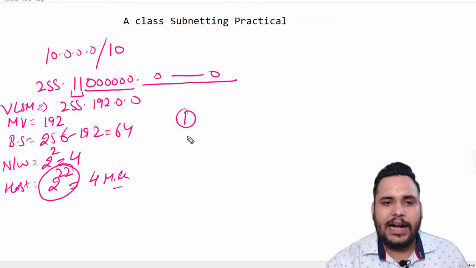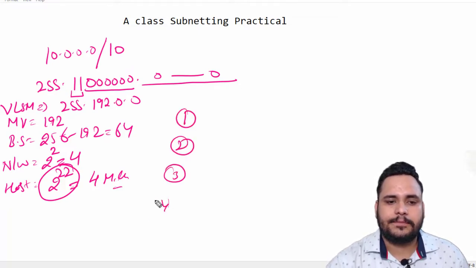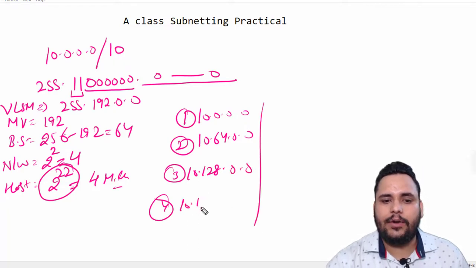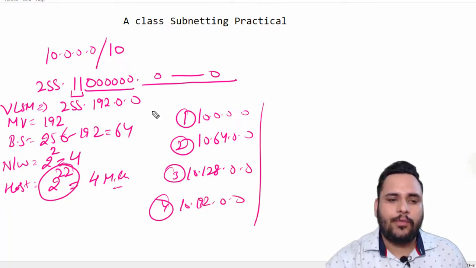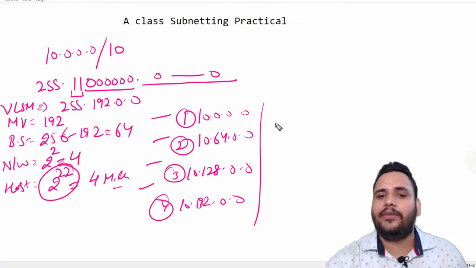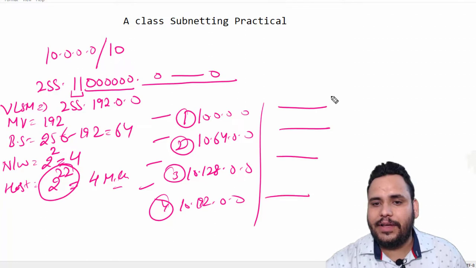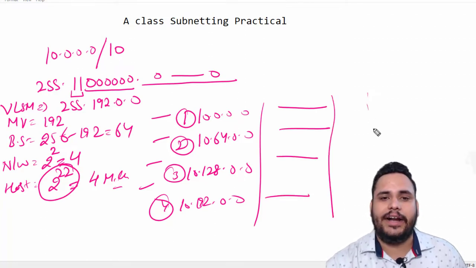So networks are divided into blocks 10.0.0.0, 10.64.0.0, 10.128.0.0 and 10.192.0.0. So 4 million IP addresses are in each of these, and we have to check valid IPs as well as broadcast IDs.